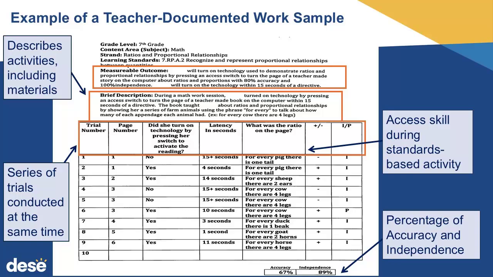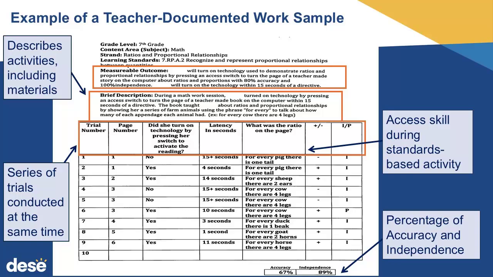And they're going to do that within 15 seconds of a directive. So that's a measurable outcome. So we know what the student is doing. They're going to hit that switch within 15 seconds. So it's going to turn the page.